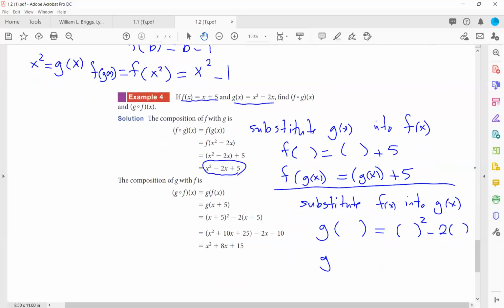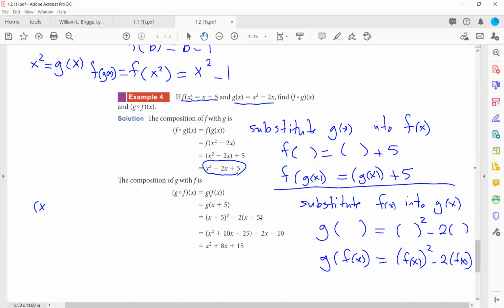So g of f is f of x squared minus 2 times f of x. Okay, but what is f of x? F of x is x plus 5. So you have x plus 5 squared minus 2 times f of x.